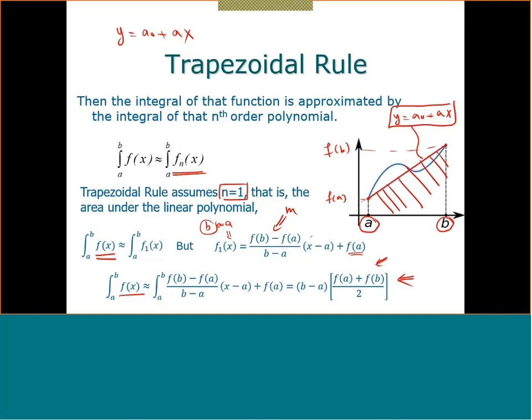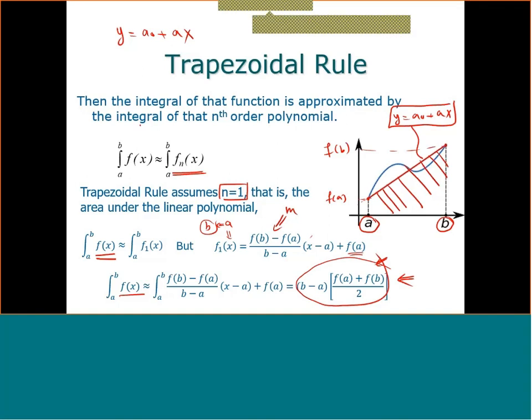Now, if I assume that between a and b I have only one trapezoid, then the integration will be approximated by this formula. But as you can see here, this is really a very bad assumption to have this as one trapezoid.